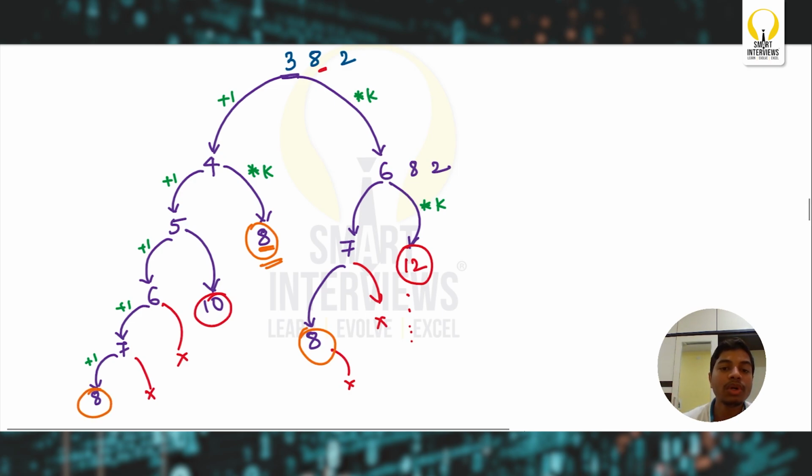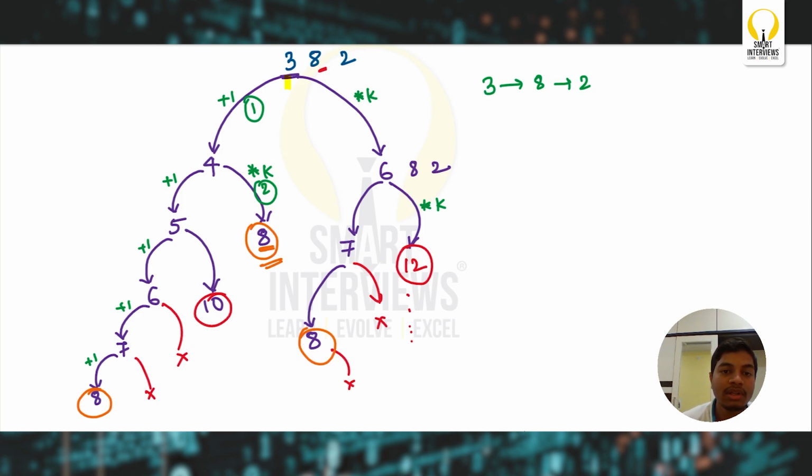And out of all these possibilities, what am I supposed to return? The minimum number of operations, because each and every step here takes one operation. Making sense, right? So this is one operation, this is the second operation. In two operations, you can get 8 from 3 in this path.